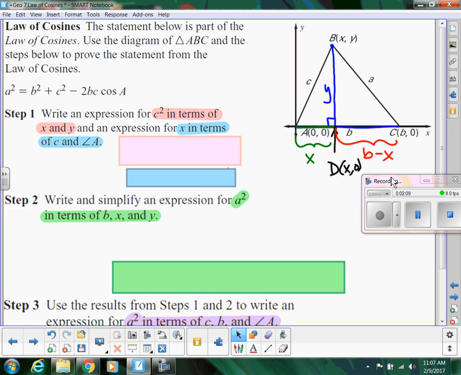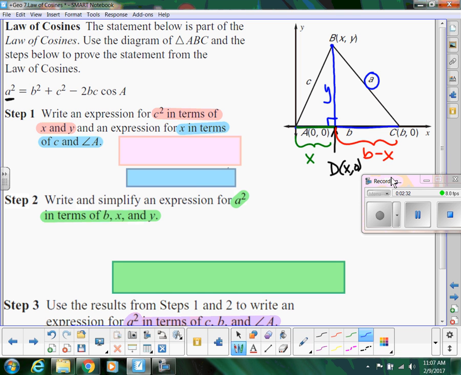What we're going to do is not necessarily prove, but just convince yourself why the formula for law of cosines is the way it is. Notice how, in the one we're using, it starts with a squared. So I'm going to actually do step 2 first. We're going to write an expression for a squared. When we talk about lowercase a, we're talking about this side.